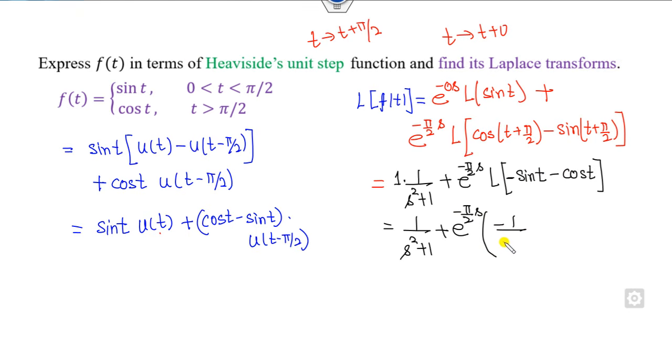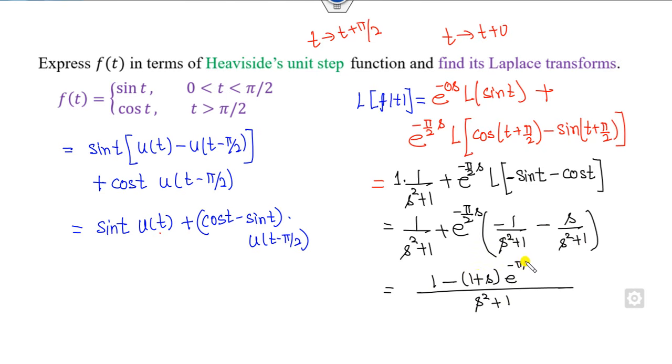The answer is minus 1 over s square plus 1, and it is s over s square plus 1. So s square plus 1 will be the LCM, 1 minus s, here is the answer of this problem. Fine, so this is the right answer of this problem.